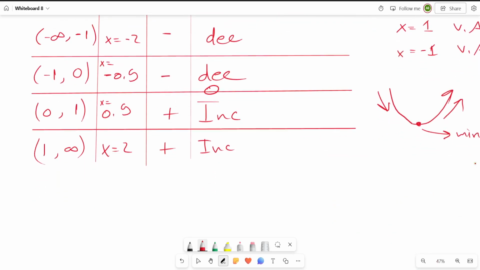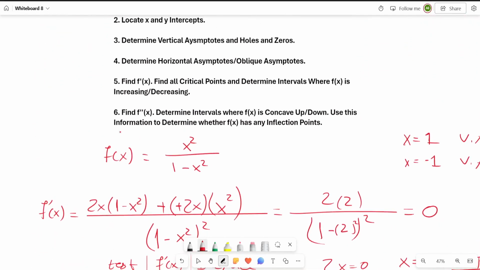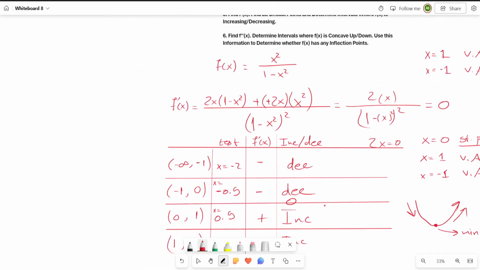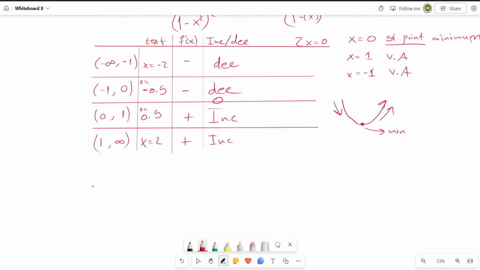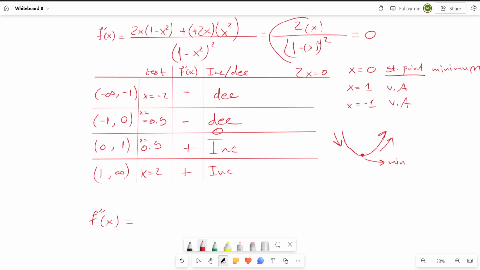Now let's do the next step, which is step 6, finding f double dash of x. So let's change this back to x, and let's find f double dash of x. So f double dash of x is going to equal the differentiation of this expression.